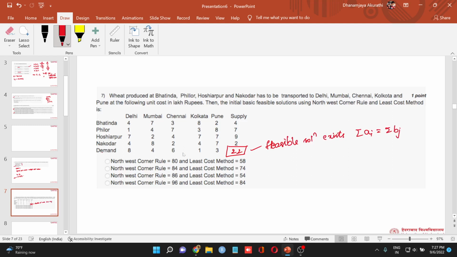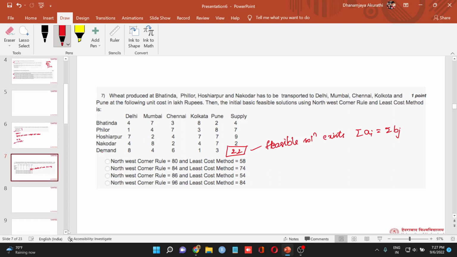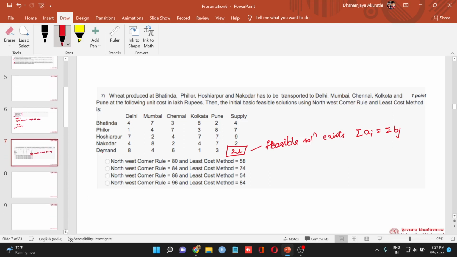That means bj's are the demands and ai's are the supplies. Now the question is to find the initial basic feasible solution using the northwest corner rule and least cost entry method. First we solve this problem by the northwest corner rule.